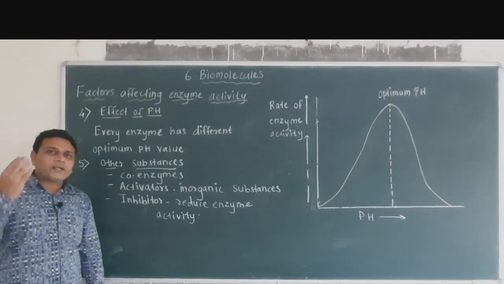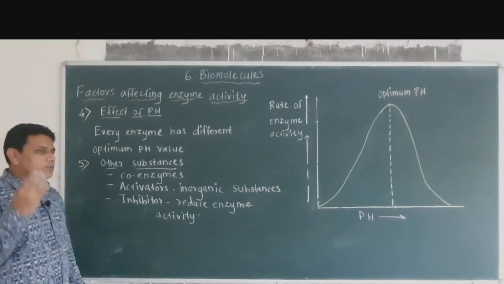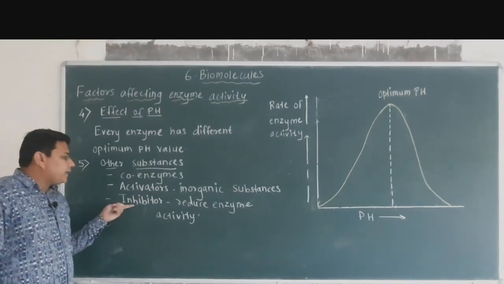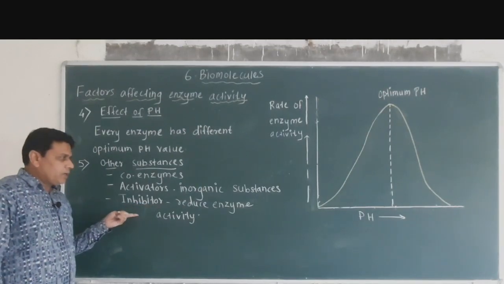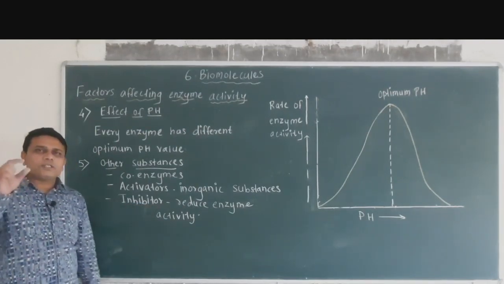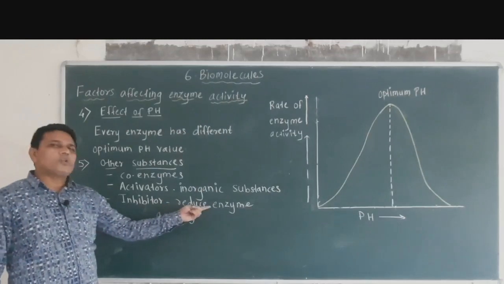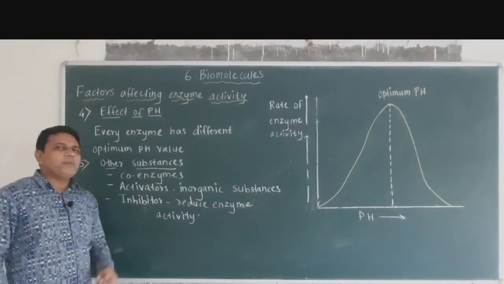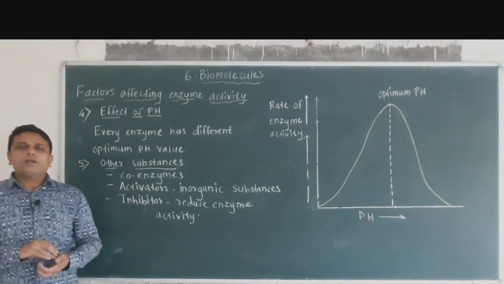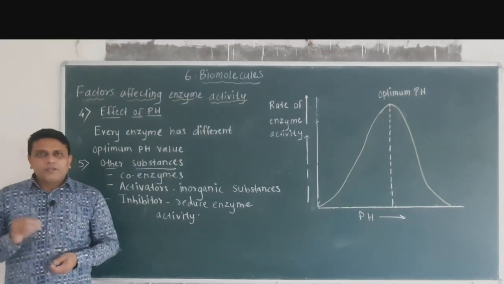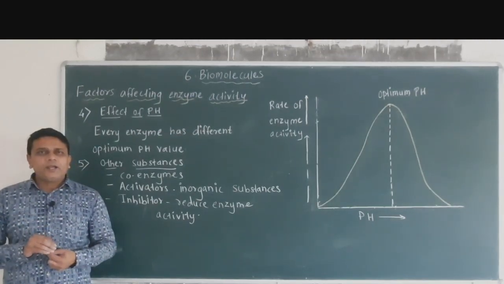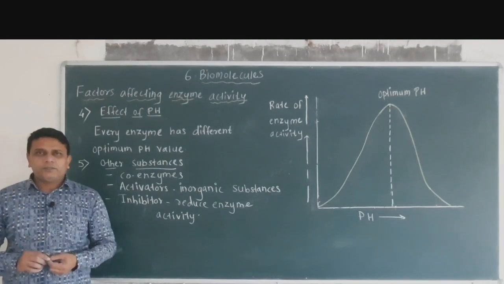Then some substances act as inhibitors. Now inhibitor means these substances reduce or slow down the enzyme activity. So here we have seen the different factors affecting enzyme activity.